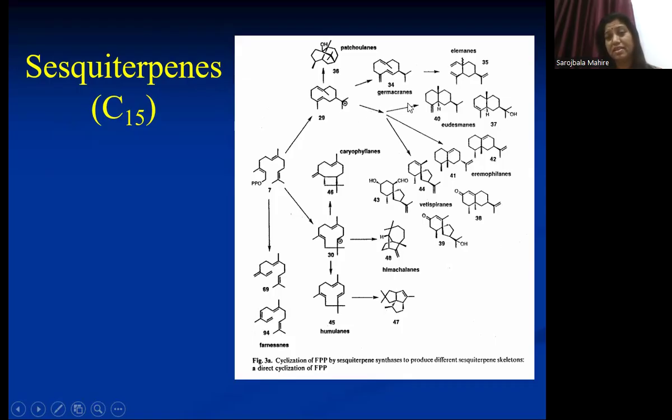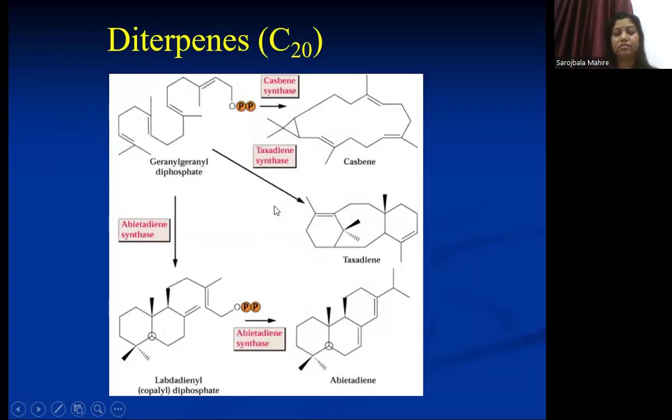How these are synthesized, from acyclic to cyclic. Diterpenes are C20. So starting with geranylgeranyl diphosphate, by the enzyme it is being synthesized.